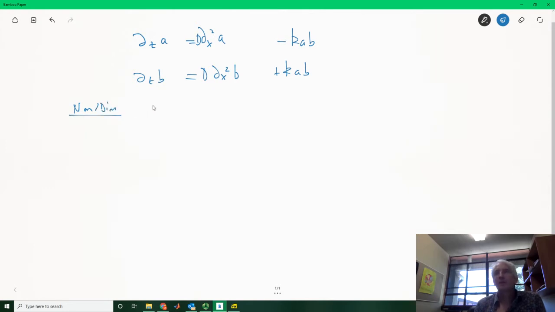So basically we just scale. We introduce a scaled coordinate z, which is x over x star. We'll choose the x stars in a second. Scale time tau, which is t over t star, and we'll scale A and B by the initial condition.